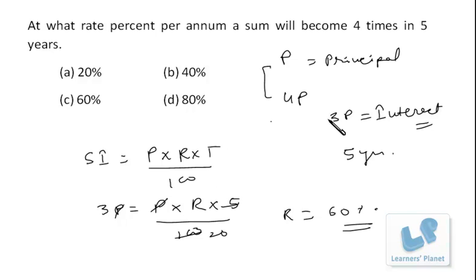If you put 4P over here, then you'll get the rate as 80%, which is also given in the options. You think you have done the problem correctly, but finally you get a negative mark for it. So be very clear. You have to fill up the data as SI, that is the difference between the principal and the final amount to be returned.